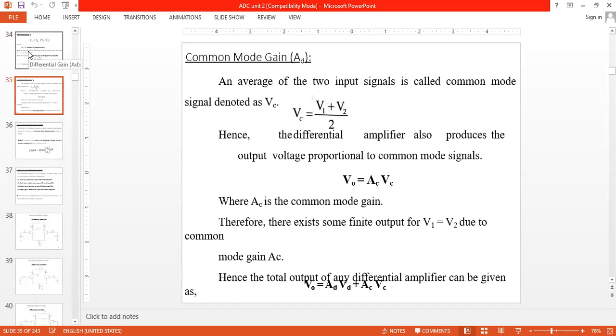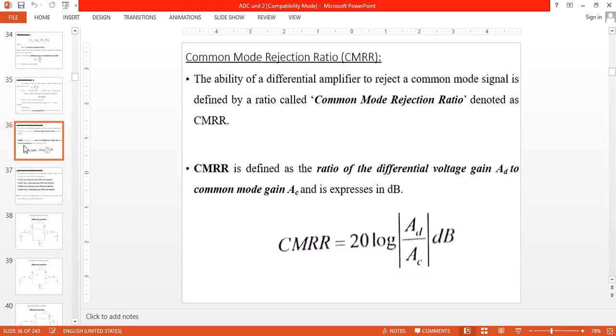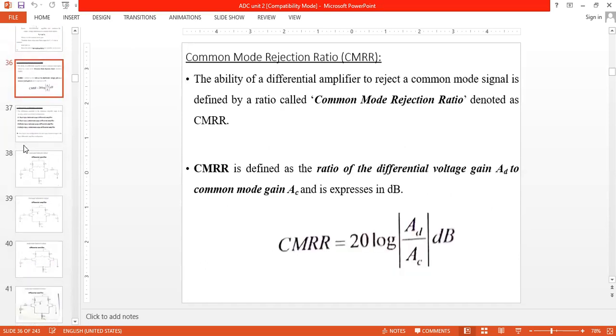So what is differential gain? If we give two different inputs, the output is the differential gain. If we give the same input to both terminals, it is the common mode gain. The ability of a differential amplifier to reject the common mode signal is defined by the ratio called common mode rejection ratio, denoted as CMRR.